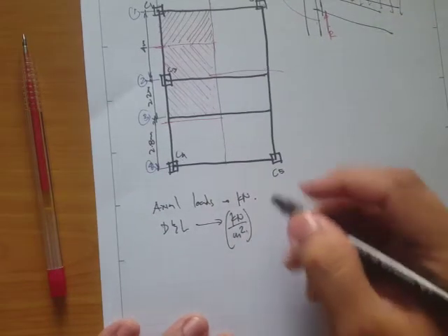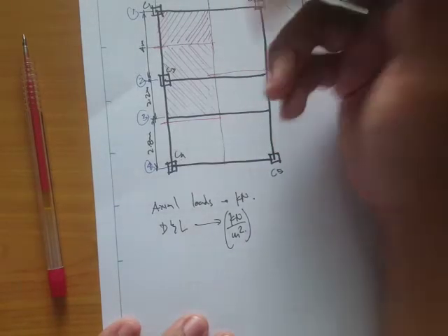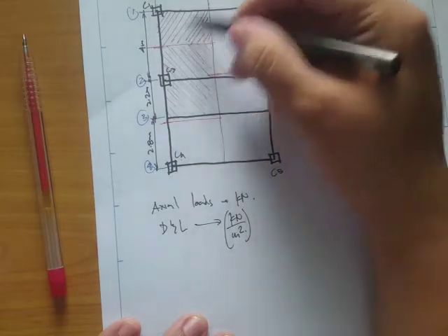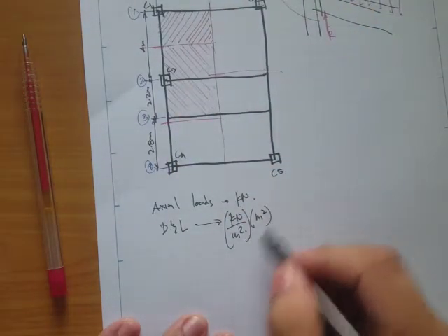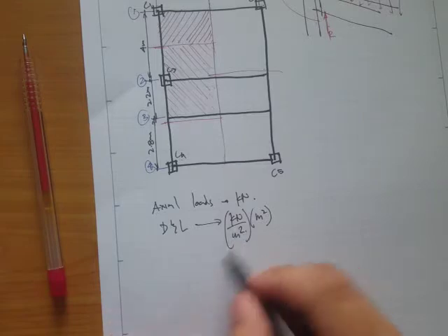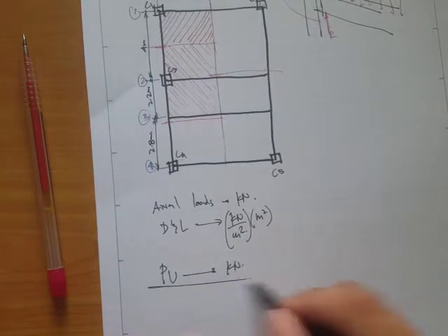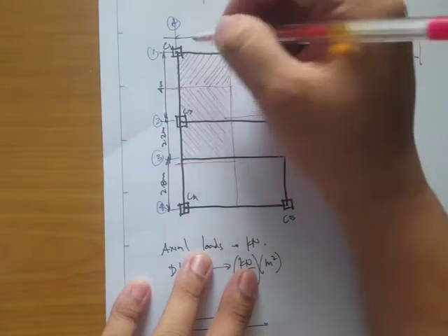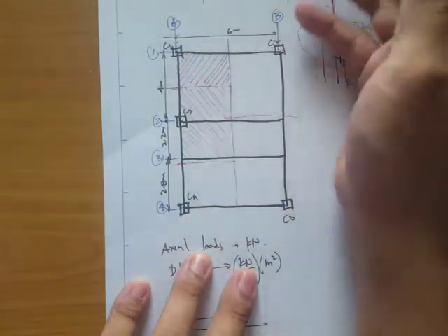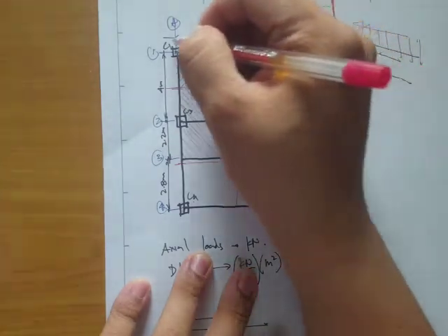So what you need is the value of the area, the tributary area in meter squared. If you multiply that, then you get the value in kilonewton. So P-u is going to be in kilonewton. Let's solve column 1, and the rest I'll leave up to you, but it's just something like that.